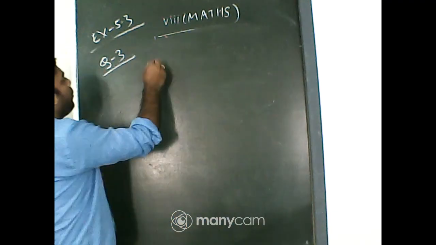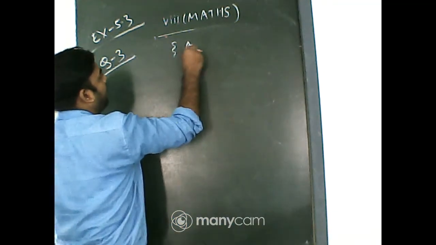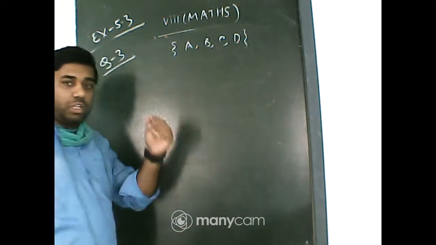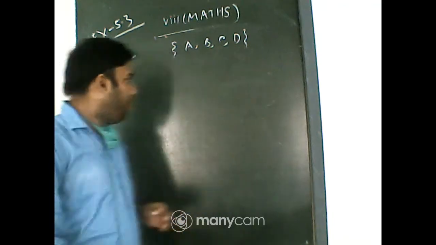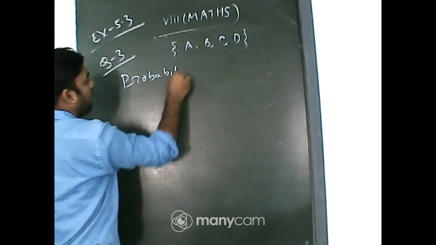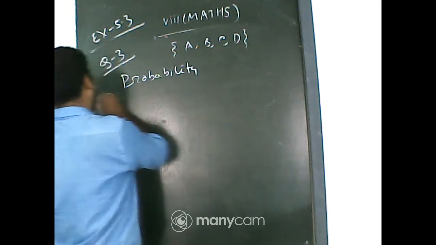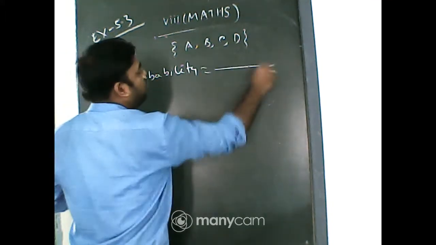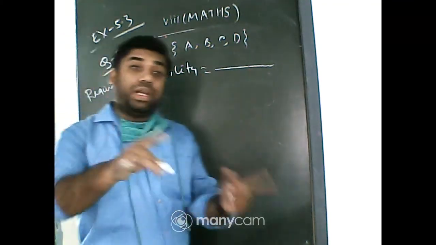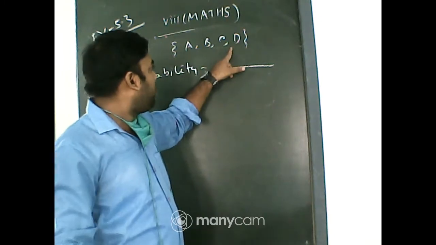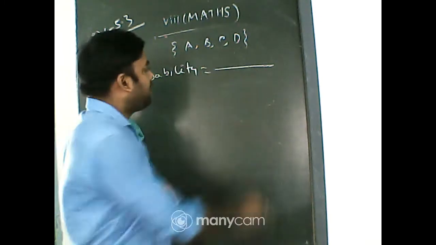So students, you will get the events A, B, C and D. What is the probability that the pointer stops at D? First of all, to find this type of probability, how many possible cases are there? It can stop at A, B, C, or D. So 4 possibilities are there.